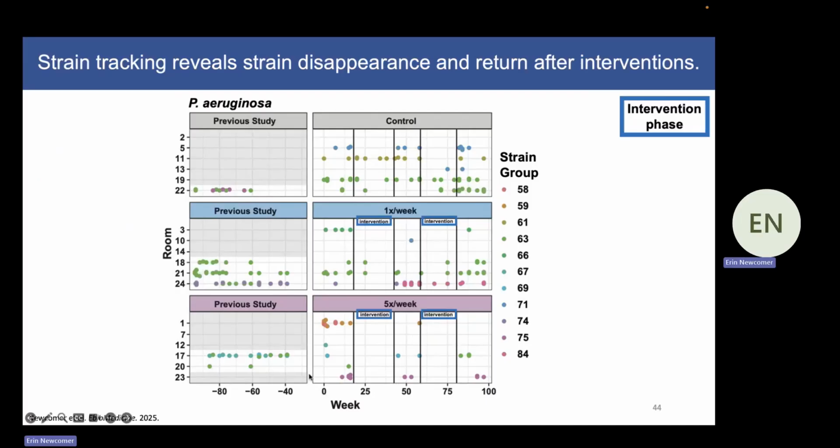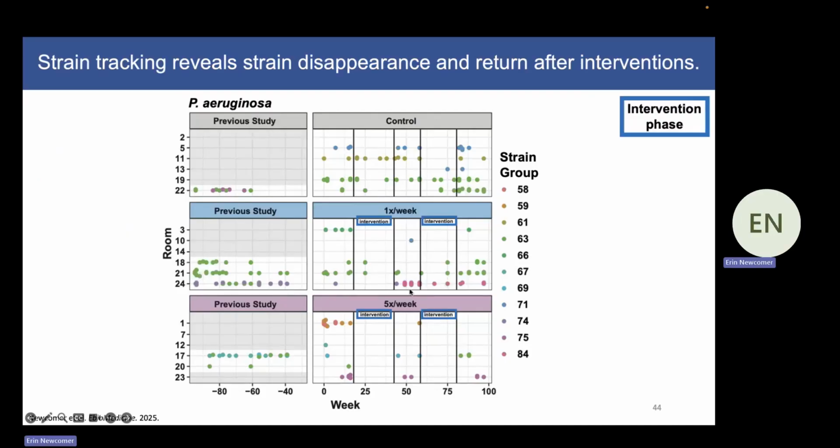Of course, we had a little bit of a gap between the 2 studies, and we're not sampling all the time, but it seems very likely that this colonization is lasting for several years at a time. But once again, I just want to point out, since we did do interventions in this study, you can see in the 1 time per week and particularly in the 5 times per week interventions, these strain groups that are showing up regularly start to show up less frequently during those intervention phases.